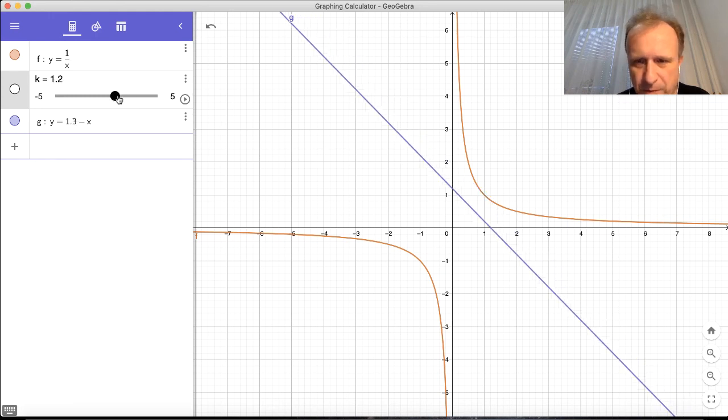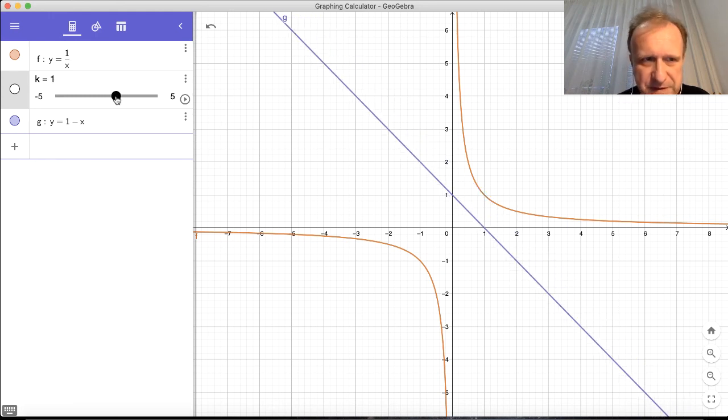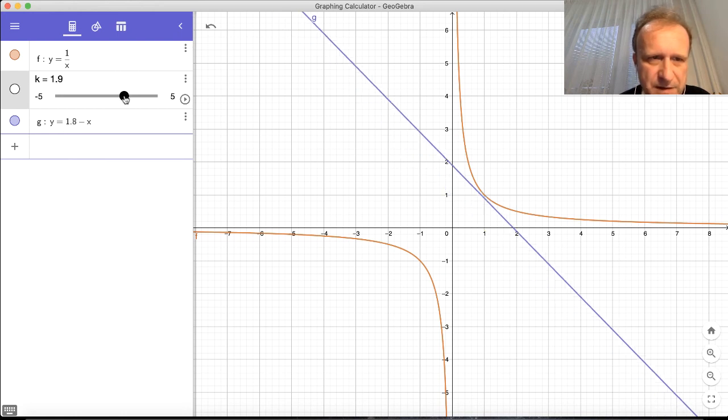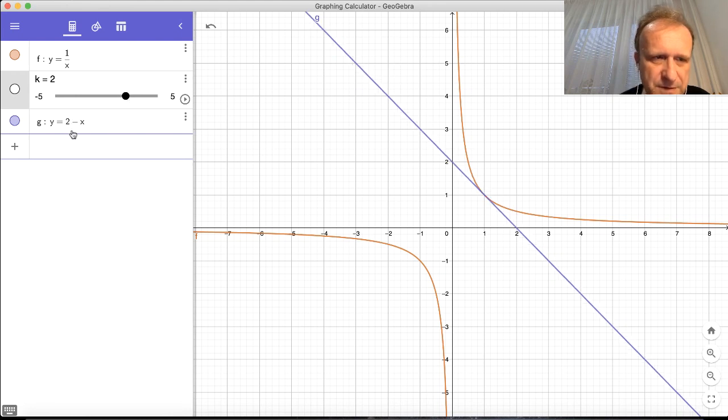Okay, so now let me talk a little bit about this value here, y equals 1 minus x. This value 1 is the value that the function assumes when x equals 0. So when you substitute 0 for x, you get 1. If you have k equal to 2, for example, and substitute 0 for x, you get 2.